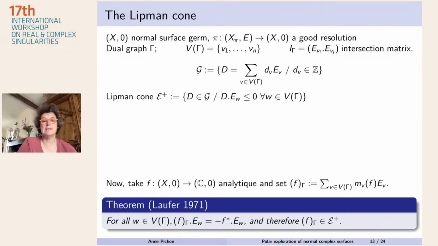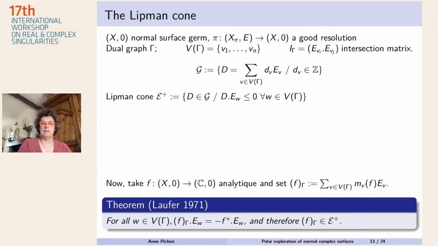Okay, from this, you can consider the semigroup generated by the components EV1, and so on, EVN of E. In other words, it is the semigroup of divisors D equals sum of dv EV, where dv is an integer.